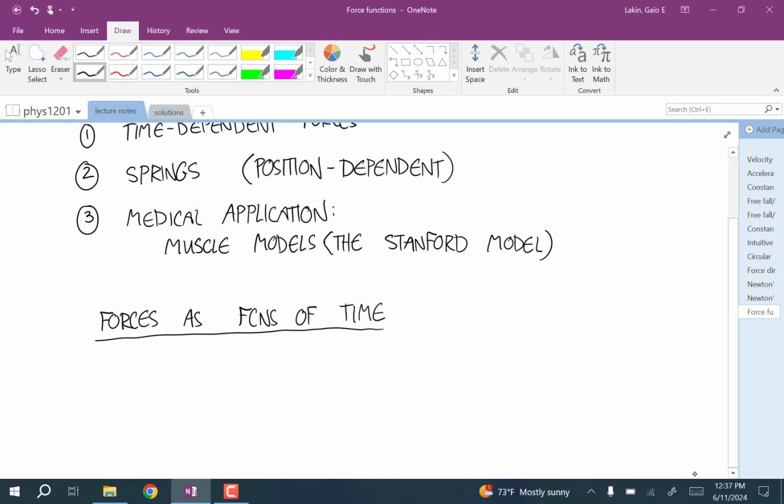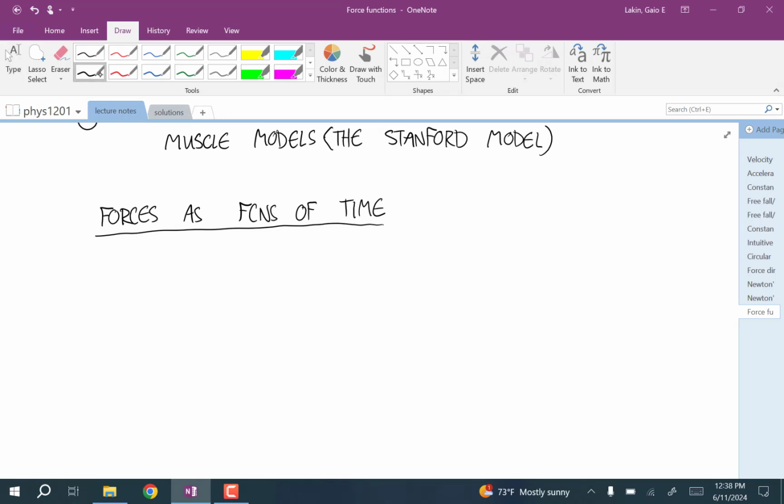And there are 2 things that you need to remember as we do this. These are both going to be really important.